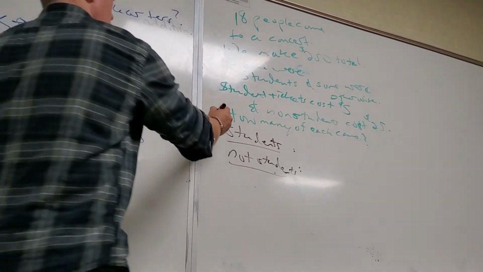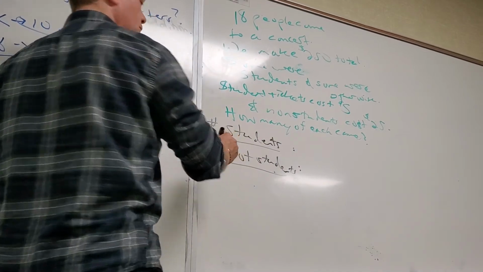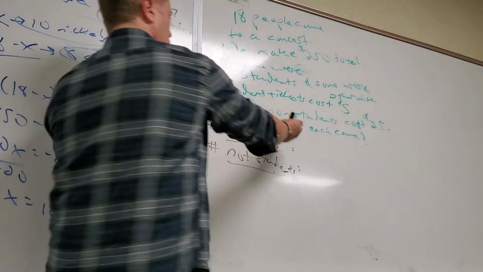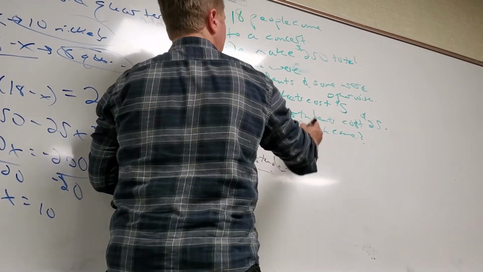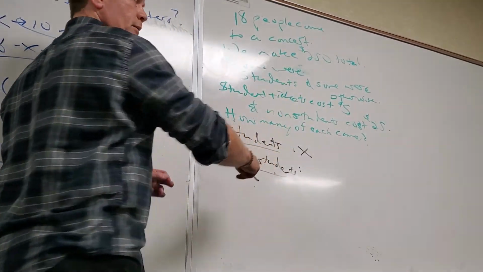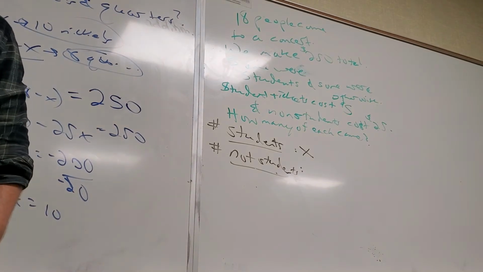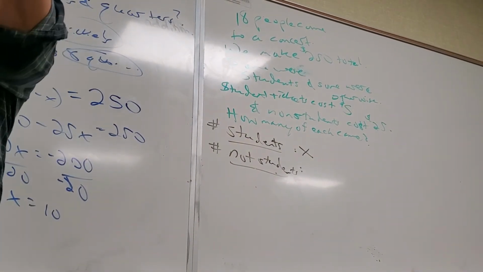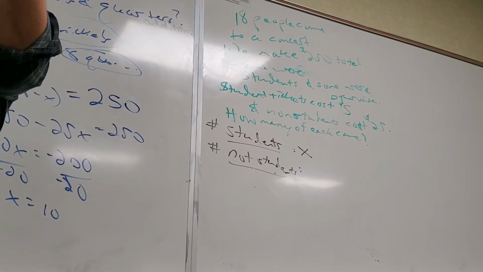So the number of students and the number of not students, right? If I don't know what either one is, but I call this X, and there are 18 total, how many not students came? 18 minus X, right?